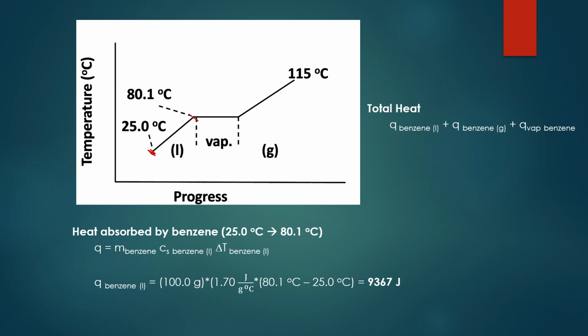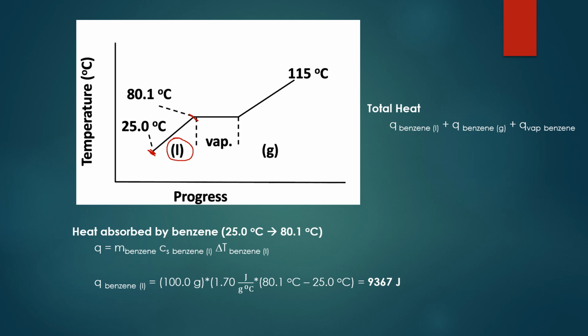So this is the step in which the phase is a liquid. So benzene is a liquid in this phase. I know this because they told us that benzene has a boiling point of 80.1 degrees Celsius. So when it's between 25 and 80 degrees Celsius, it's going to remain a liquid. So the temperature is going to change, but the phase isn't going to change at all.